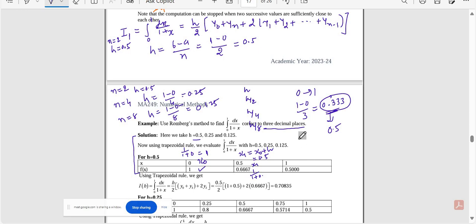But the basic idea is, suppose this is your h. First you have to split into 2, that means this will be your h by 2 value. Same if you split into 4 parts, then that is your next integration. If you split into 8 parts, then that will be the next value. That is the idea of the Romberg.